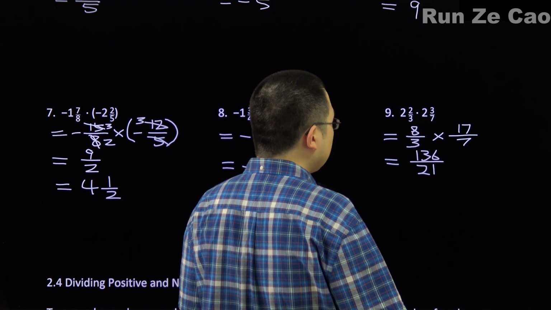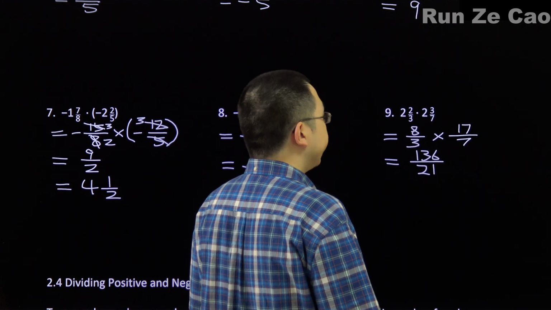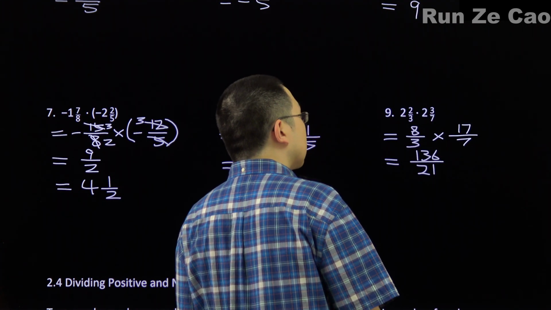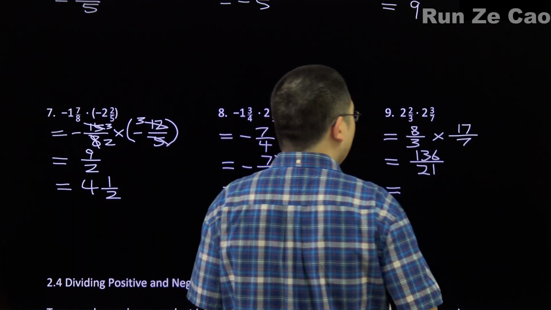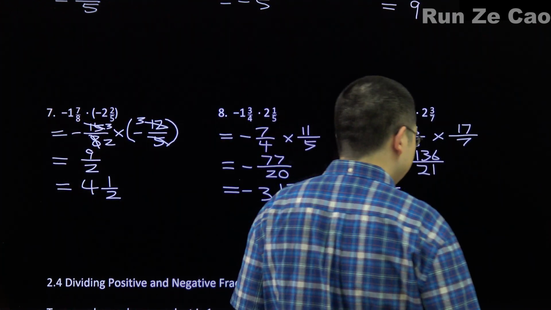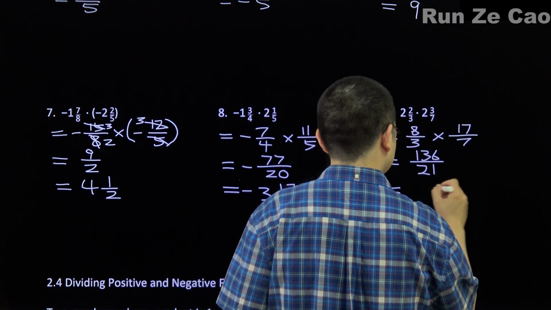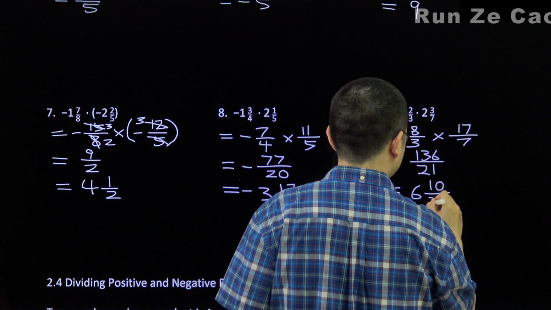Well, we know that 8 times 15 is 120, and then plus 2 times 8, so plus 16, yeah. 136/21. 126 is 6 times 21. So 136 is 6, and then 10/21.